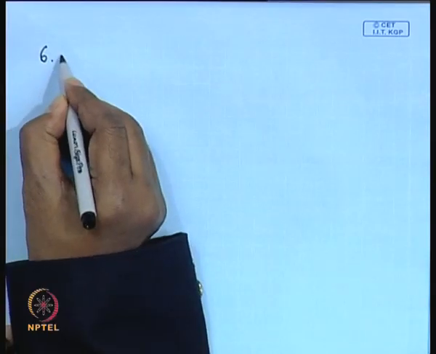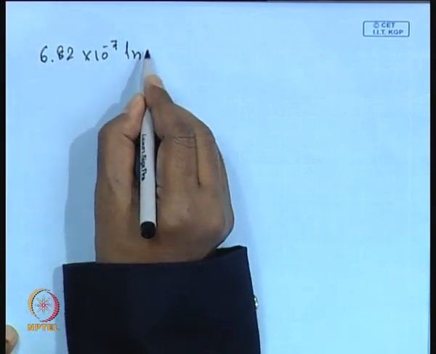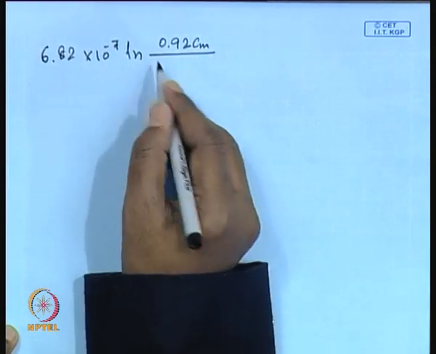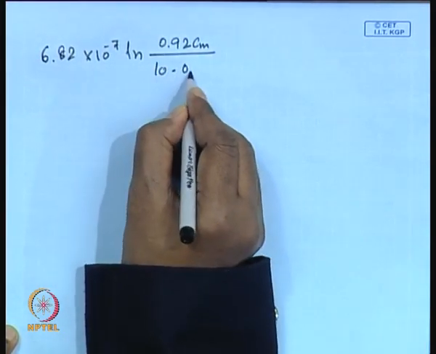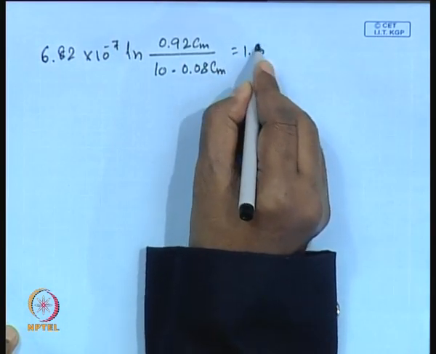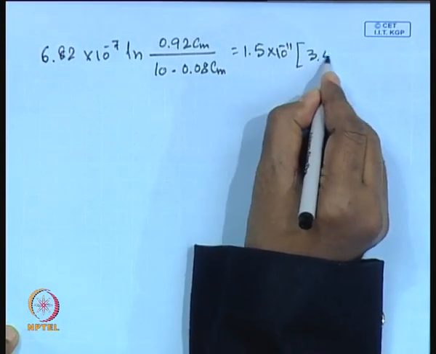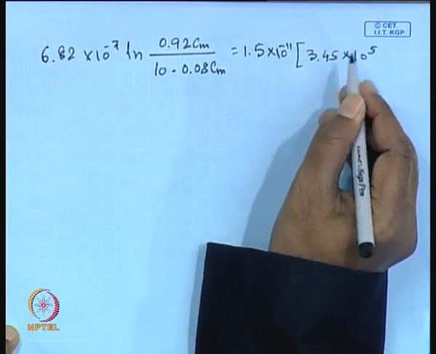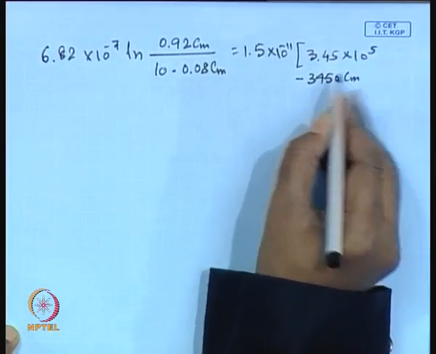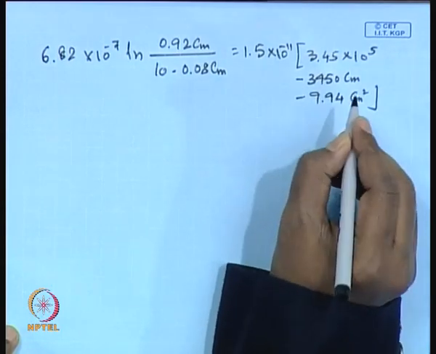Now, if you really put the values of different quantities in this equation, this turns out to be 6.82 into 10 to the power minus 7 ln 0.92 Cm divided by 10 minus 0.08 Cm is equal to 1.5 into 10 to the power minus 11, that is the value of Lp, 3.45 into 10 to the power 5, that will be value of del P, minus 3450 Cm minus 9.94 Cm square.